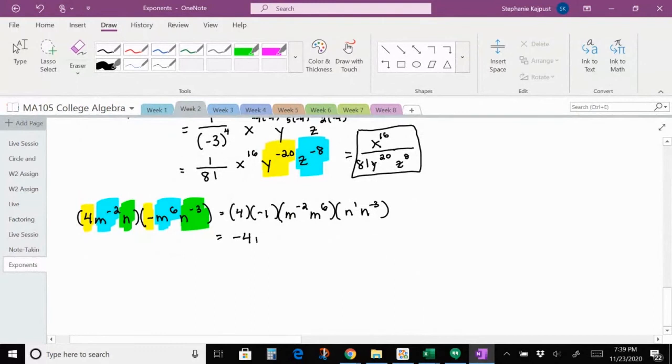So for m, we're going to be adding negative 2 plus 6. And for n, it's going to be 1 plus negative 3. So we simplify those. We have negative 4m, and then negative 2 plus 6 is 4, and then n, 1 plus negative 3 is negative 2.